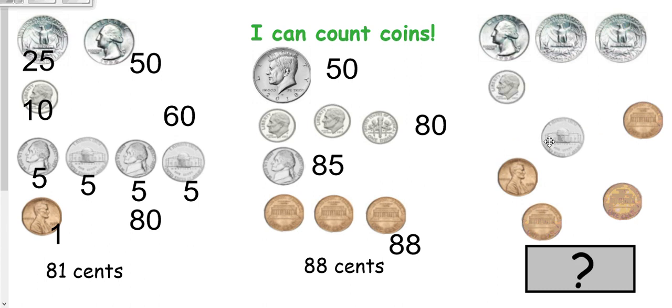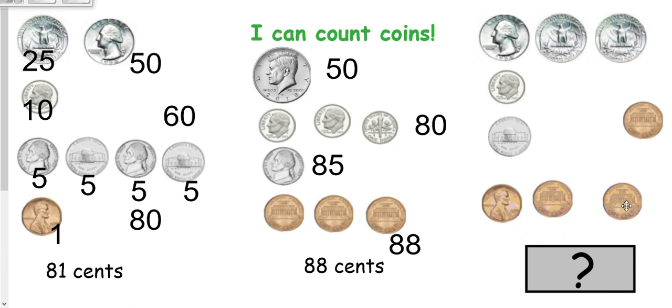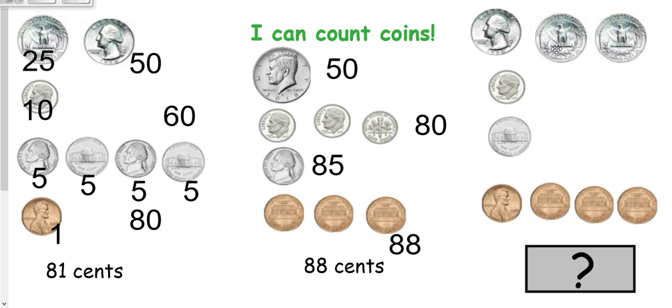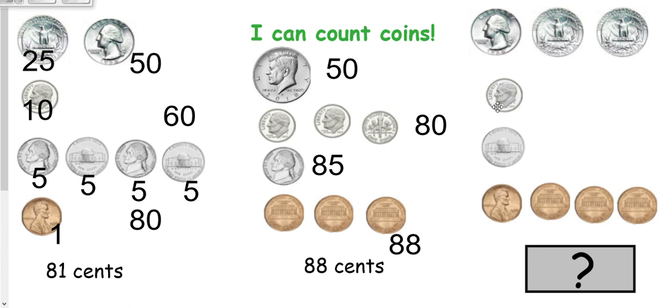Now our dimes, our nickels, and our pennies. Now, which coin would be easiest to start counting from? Our pennies or our quarters? Our quarters. They are the largest coins in this group. They are worth the most, so we're going to start with those.